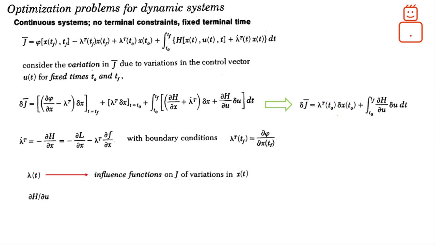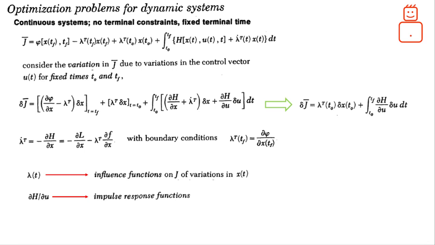And partial of H with respect to the function u is called the impulse response function since each component of this partial derivative represents the variation in J due to a unit impulse in the corresponding component of delta u at time t while holding x of t0 constant and satisfying the given dynamic of the process.